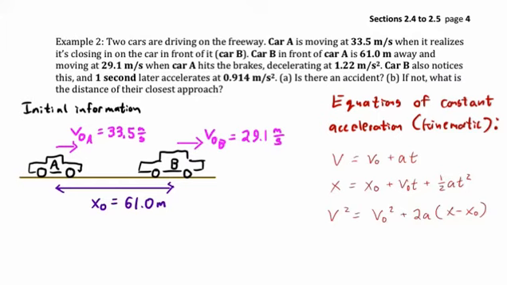It's also worthwhile to note that there are 2 segments to this question. There's what happens in the first second, when only car A is decelerating, because it hits its brakes and decelerates at 1.22 meters per second squared. And then there's all subsequent time, at which point it continues to decelerate, and car B starts to accelerate.